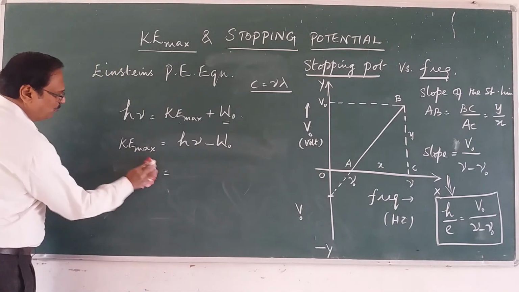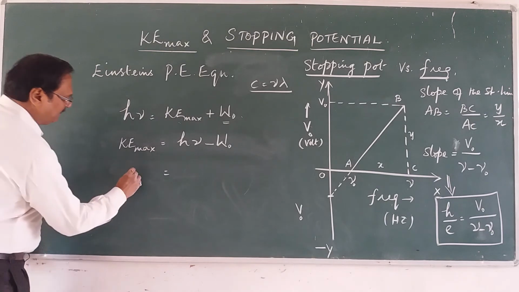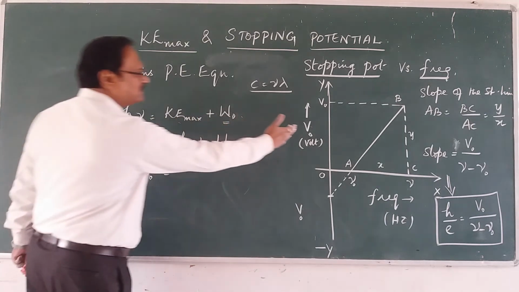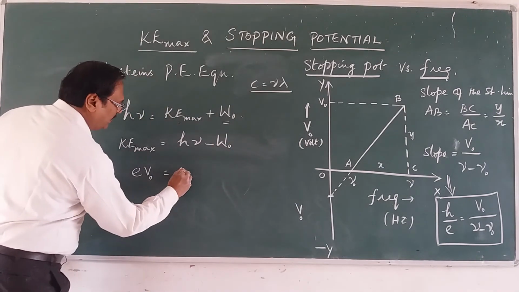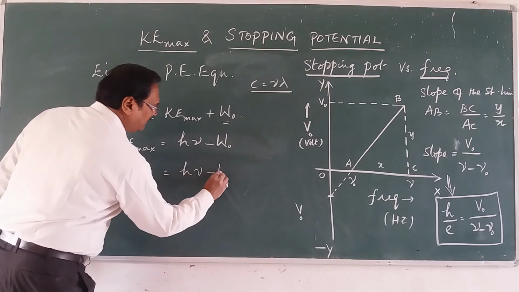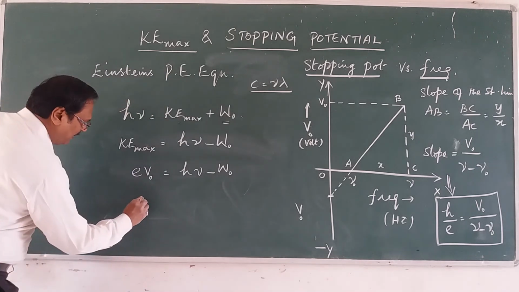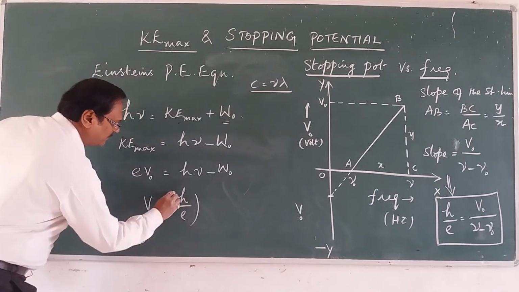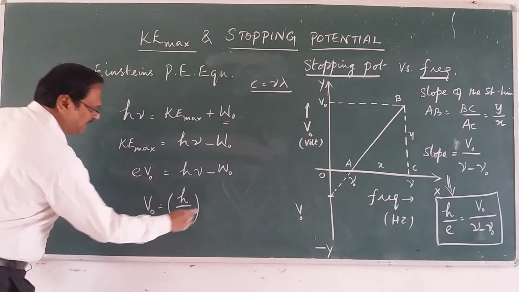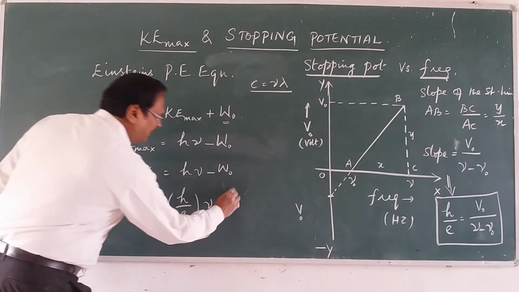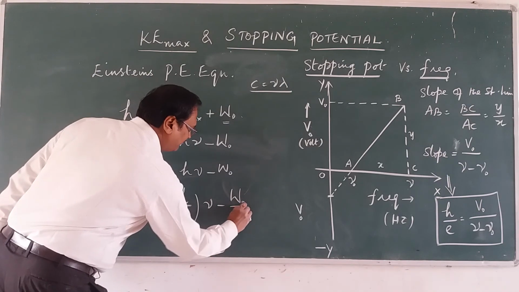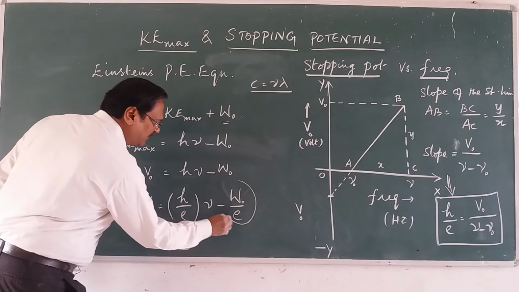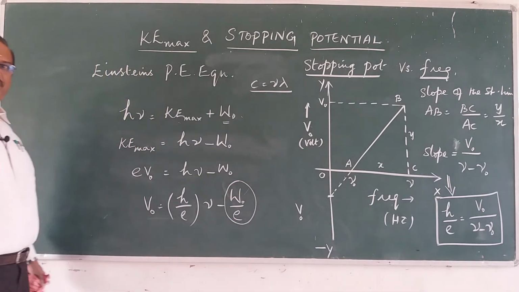I will do one thing, instead of kinetic energy, I will take EV naught. This is much better, because this is V naught. So h nu minus W naught, or V naught is equal to h divided by E into frequency minus W naught divided by the same E. The work function divided by the electronic charge.